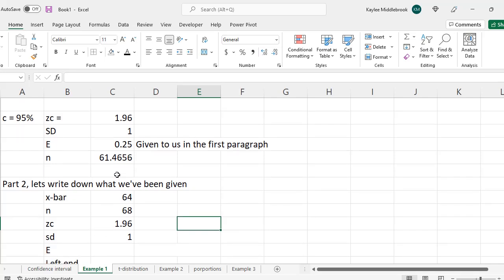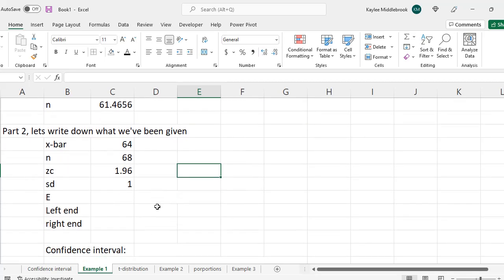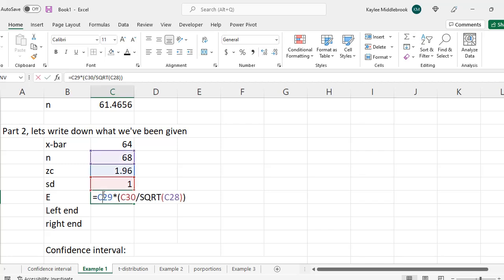Okay, and then the standard deviation came out to 1 again. Next, we're going to calculate our error, since we don't know if the error of 0.25 is true anymore, now that we've been given our x bar and our n, it could fluctuate. To calculate that error, let's make that formula visible.